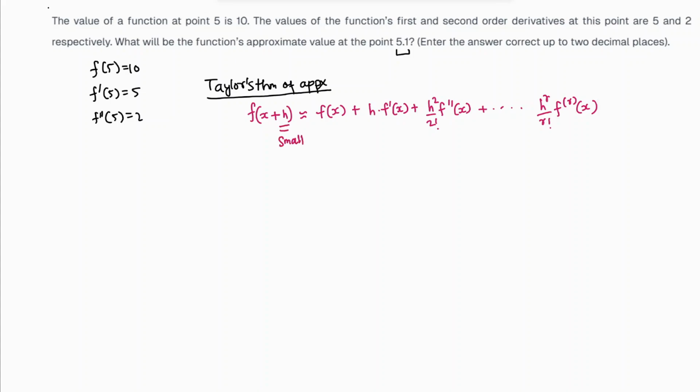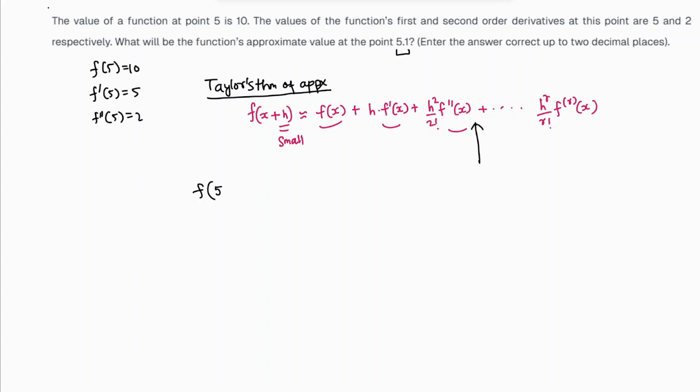And we use it in conditions where we already know f(x), f prime x, f double prime x, and so on. In our question, we are given only the first and second derivatives, so we will compute only till here. So let's do that. What is x here? X is nothing but 5, because f of 5 is the value we already know.